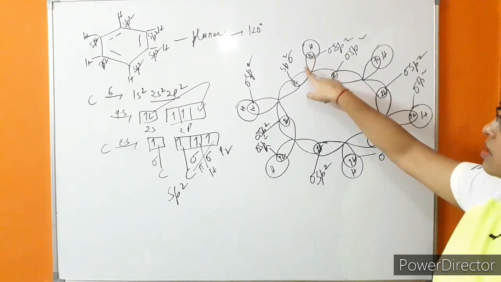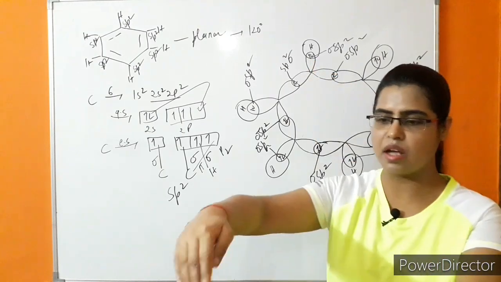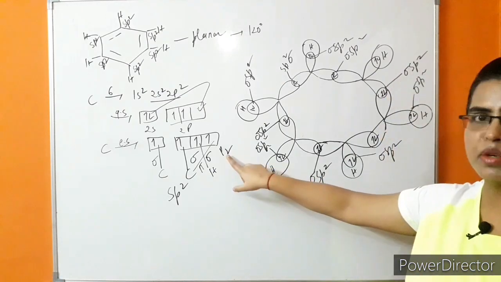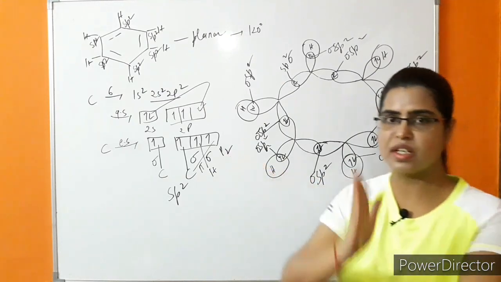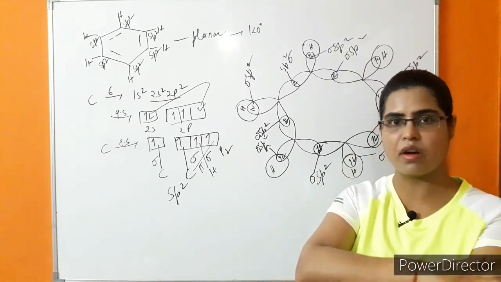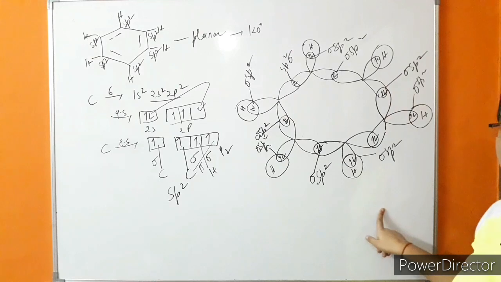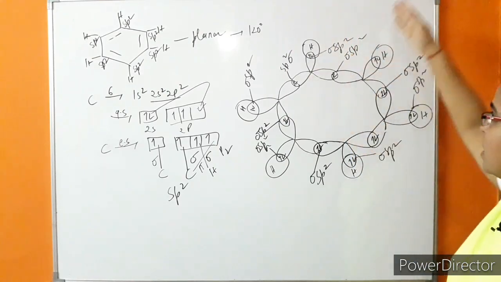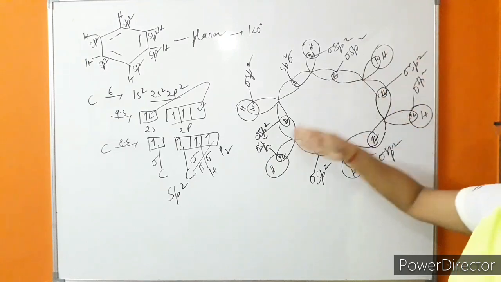These 3 orbitals of the carbon are present in the same plane, whereas this unhybridized pz orbital is present perpendicular to the plane of these hybridized orbitals of each and every carbon. It means one pz orbital is present perpendicular to the plane of the hybridized orbitals.